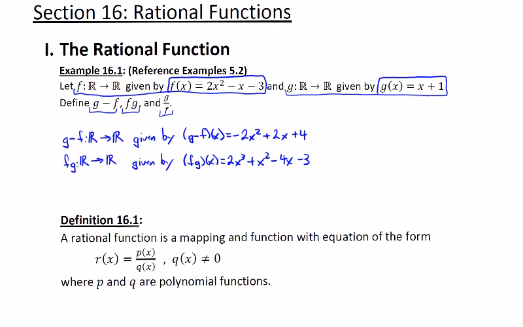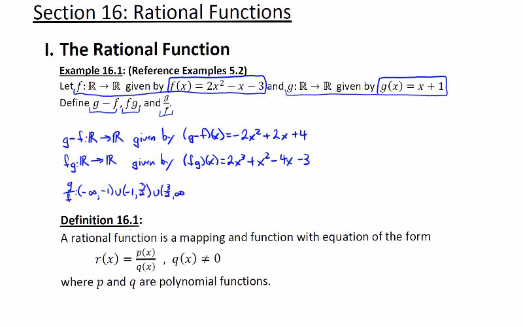And the final combination was one of the combinations that was the most challenging, and that was the division g divided by f in this case. And with g divided by f, you'll end up saying that the domain cannot be all real numbers. And what we end up getting is a domain that has two restrictions. It has a restriction of -1, and it also has a restriction of 3/2.